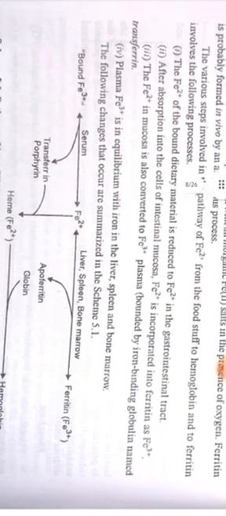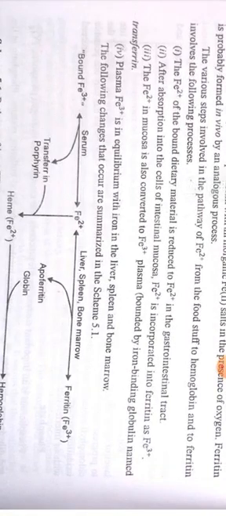The various steps involved in the pathway of Fe2+ from foodstuffs to hemoglobin and to ferritin involve the following processes. First, the Fe3+ in the food material is reduced to Fe2+ in the intestinal tract.